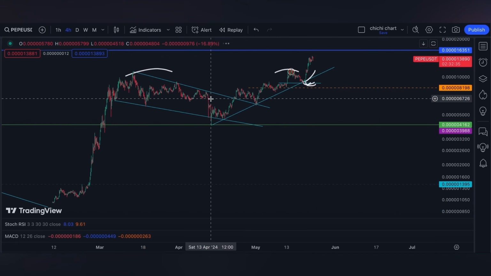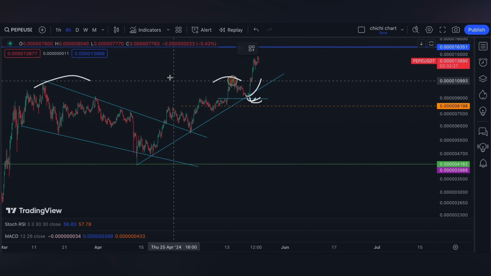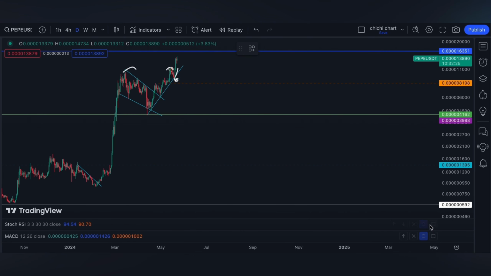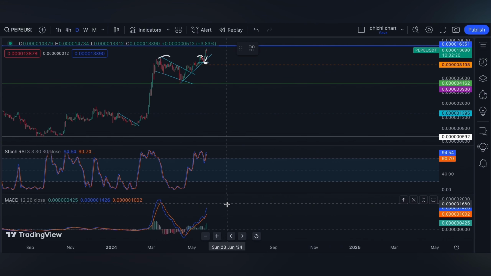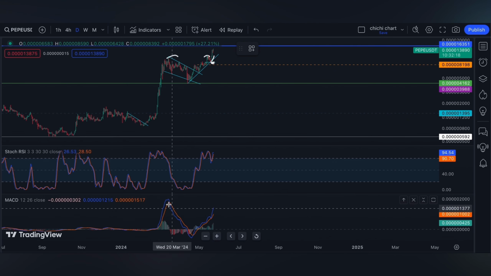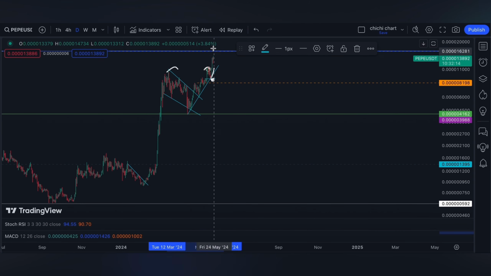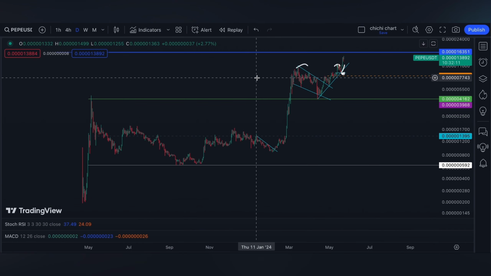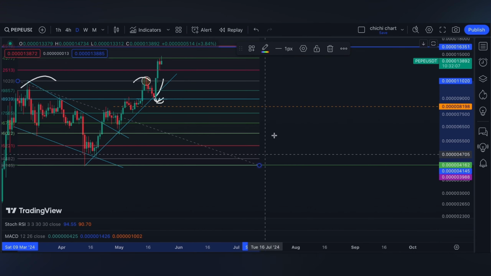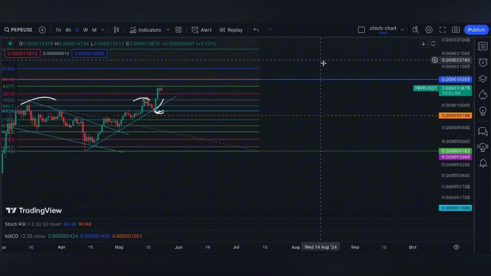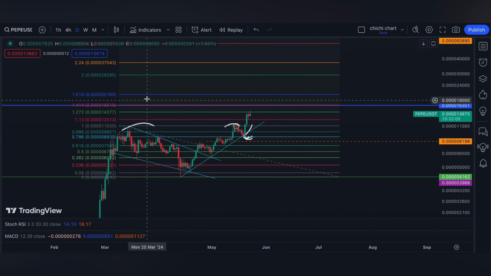Anyway, the target will remain the same at the blue line, and since the stochastic RSI is overbought, additionally, the MACD is printing a divergence, we can really have a retraction at the blue line, or again, higher than this range, we can have a 1.618 fib retracement extension right here.